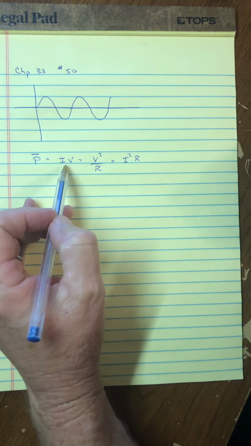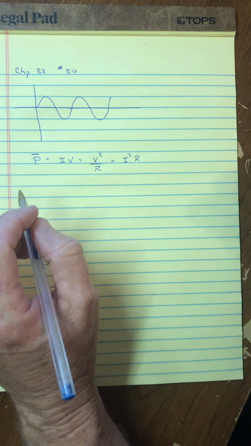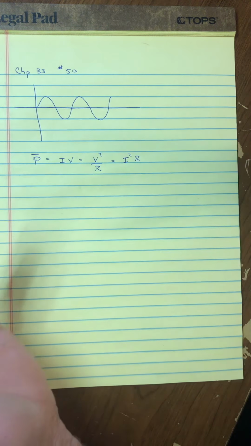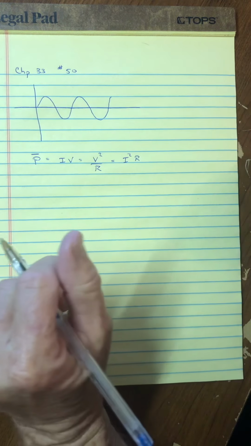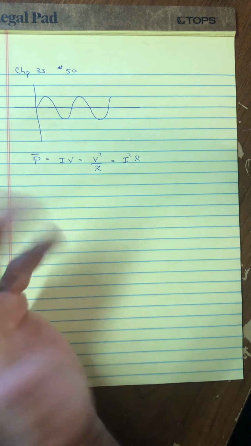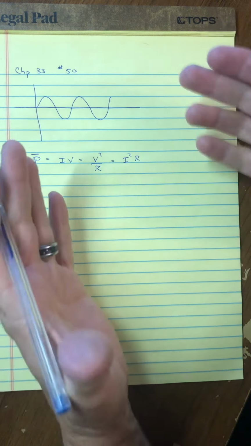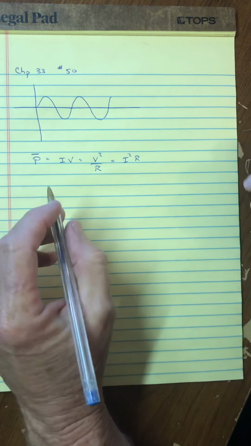Do you use the maximum of these values? Do you use the average of these values? Do you use the RMS? And it's the RMS. That's why we have such a thing called the RMS value.